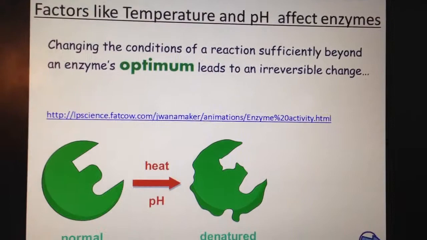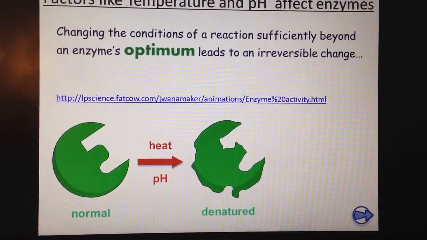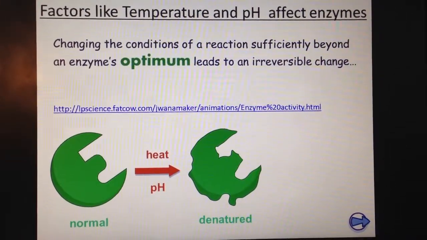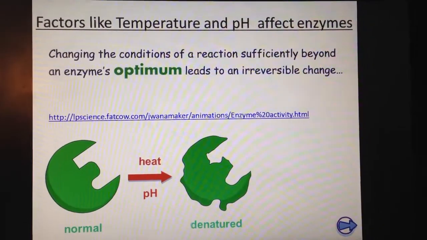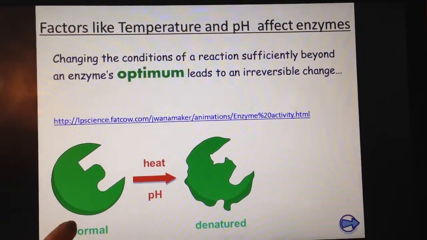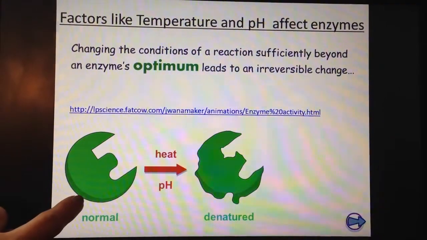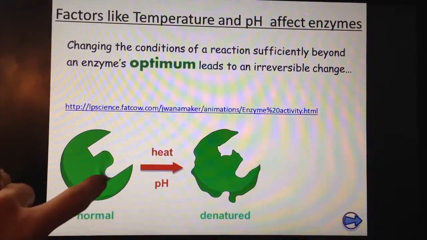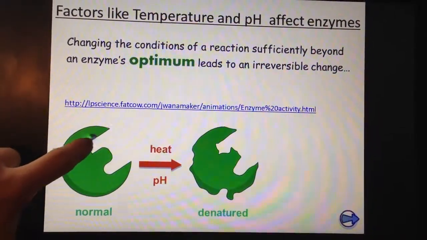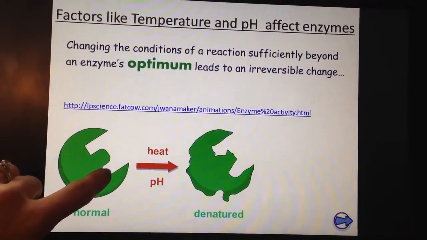Okay, here we can see what this word denaturing actually means in terms of the structure of the enzyme's protein. So here's a diagram of a normal shaped enzyme, and you can see the active site, which we looked at in the last clip, is completely intact.